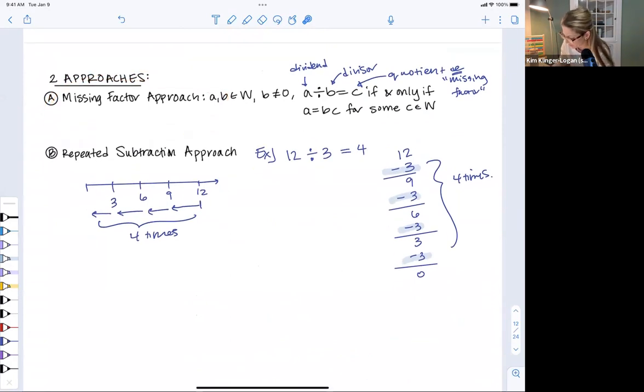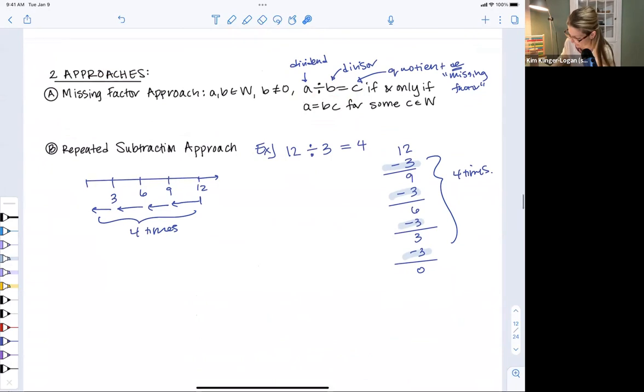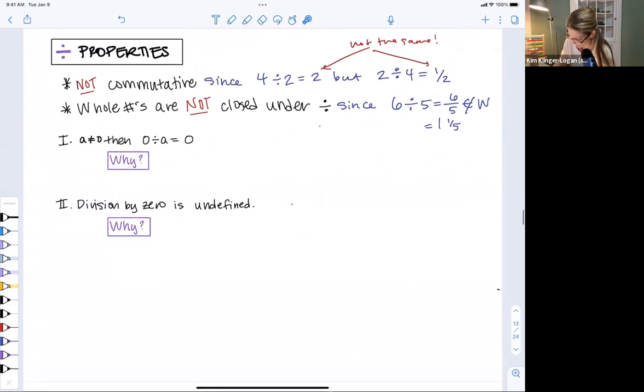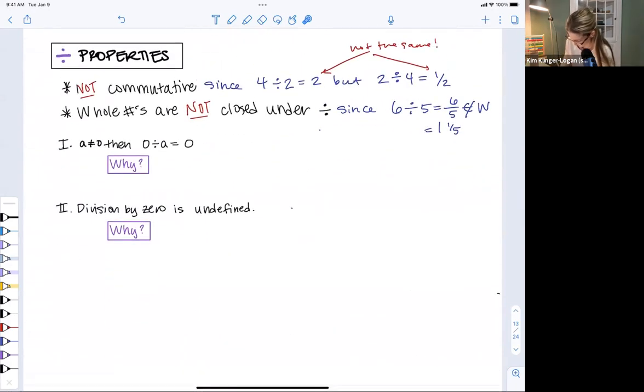What I'm going to do is take my division problem and turn it into a multiplication problem. I'm going to assume a is not equal to 0, because that is my blanket first assumption. This only works if a is not 0.